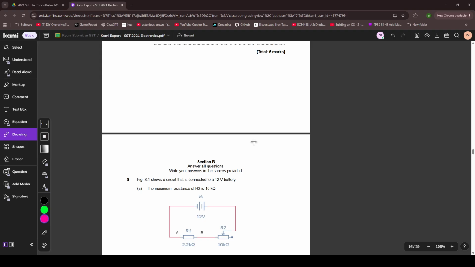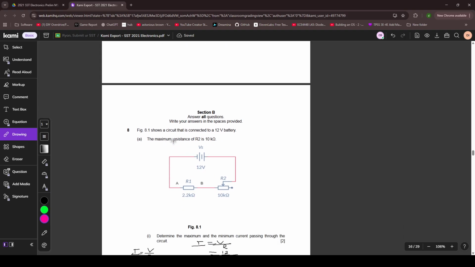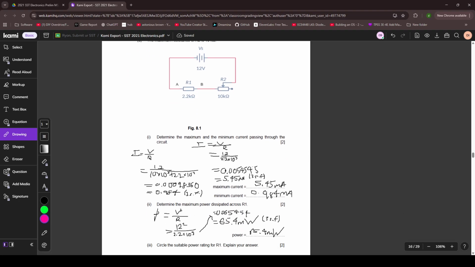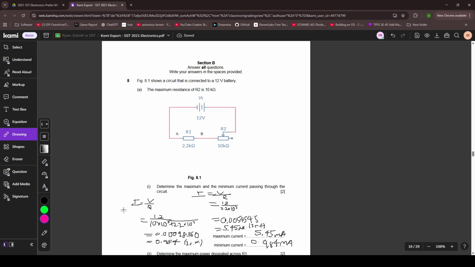The maximum resistance of R2 is 10 kilo ohms. Determine the maximum and minimum current. So basically, I equals V over R. V is constant, R is changing, and with a variable resistor or a potentiometer here, the range would be from 0 ohms all the way to 10 kilo ohms.